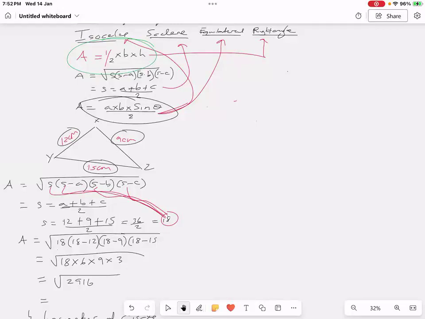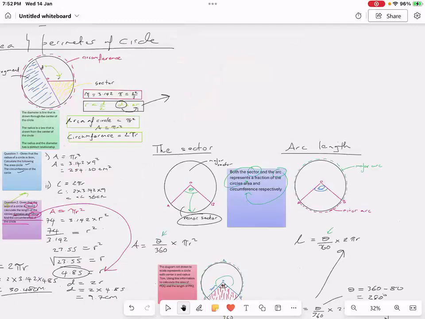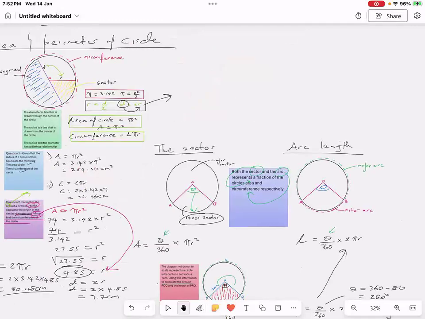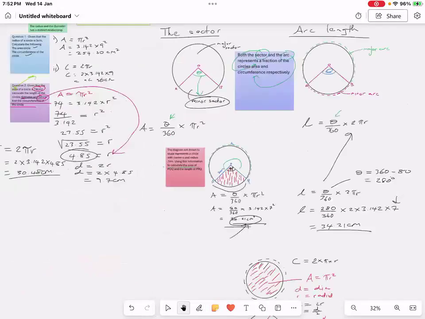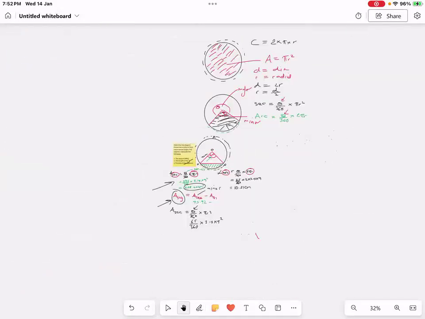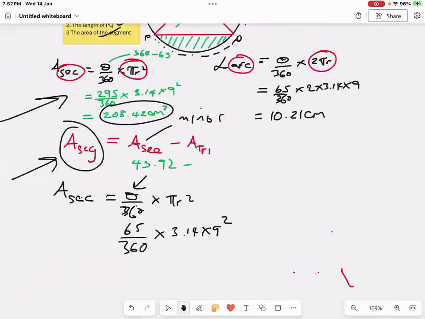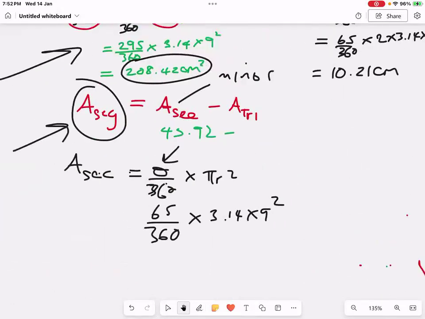So let's scroll back down to where we are. That's the formula that we're going to grab right here. So the area of this triangle is going to be equal to A times B times the sine of theta divided by 2.